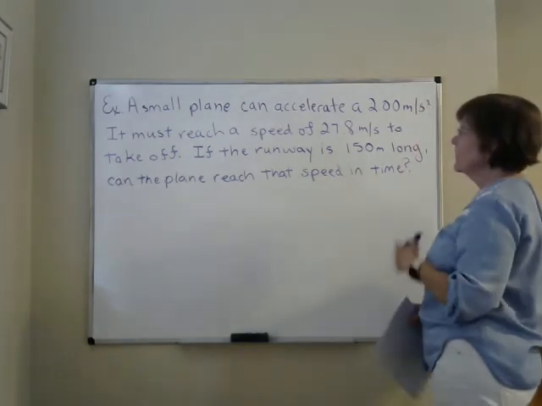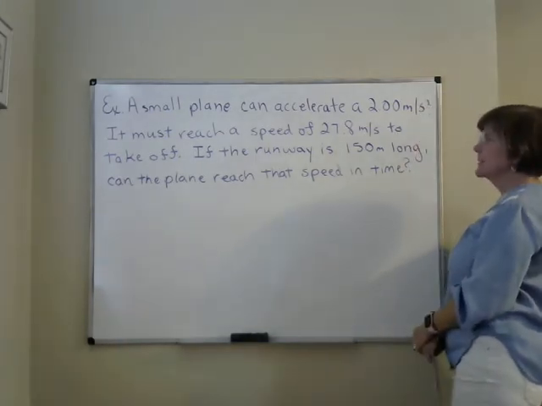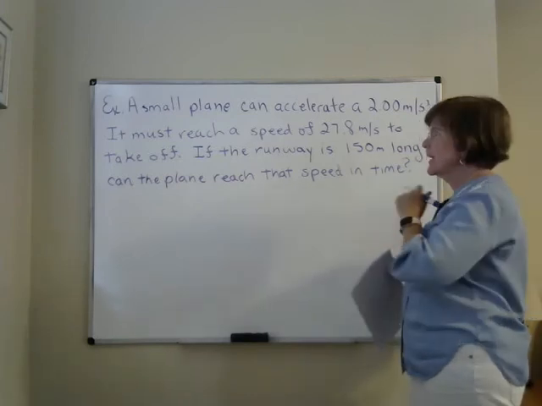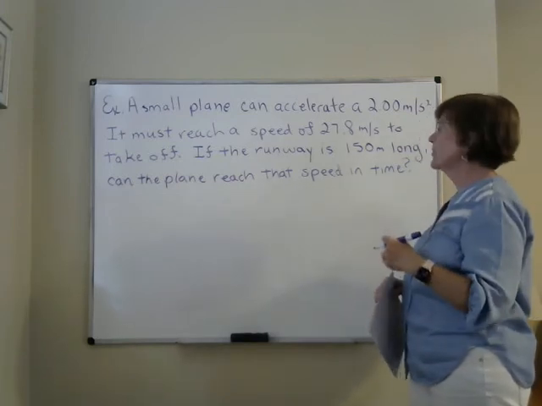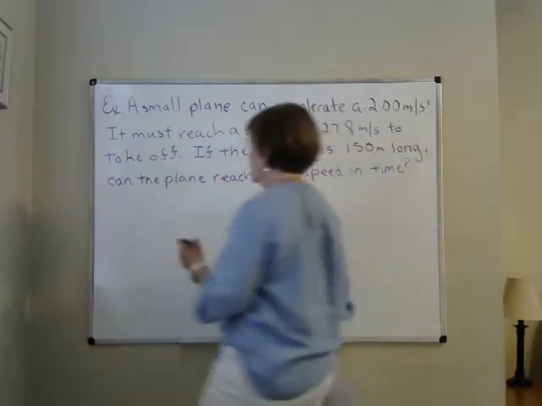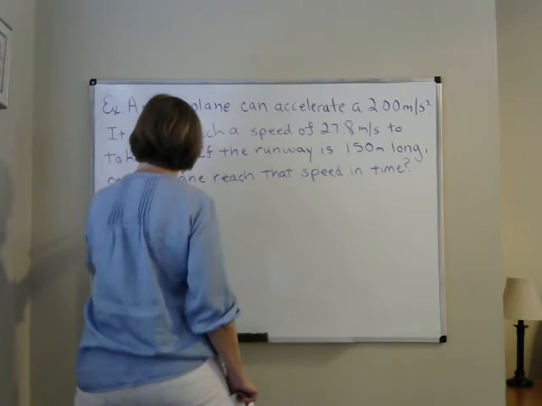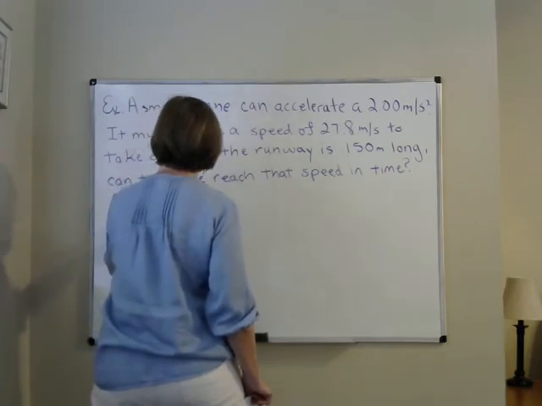There's more than one way to solve this problem, but one approach I like to use anytime I solve a problem is to write down everything that I know. All right, what do we know? We know that we can accelerate at 2 meters per second squared.